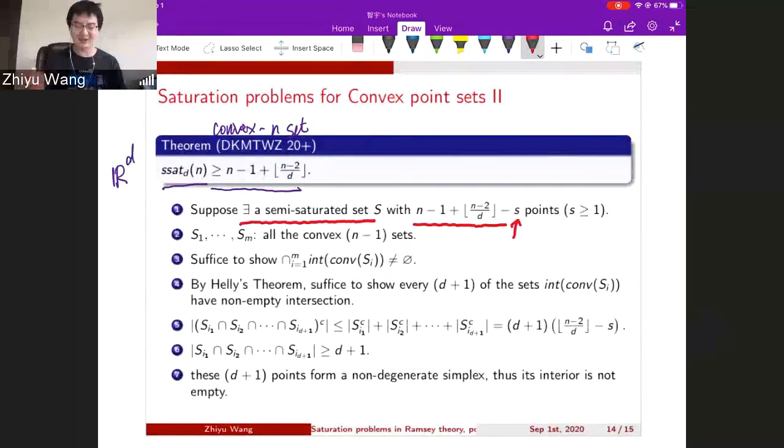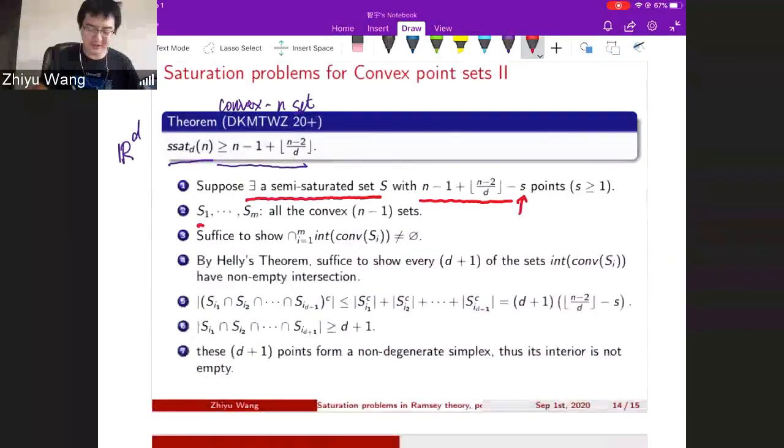We want to show that it's not saturated, which means I can find a point to add without creating any new convex n-set. The only thing we need to care about is all the convex (n minus 1)-sets. As long as adding a new point doesn't create a convex n-set with any of these (n minus 1)-sets, we are fine.